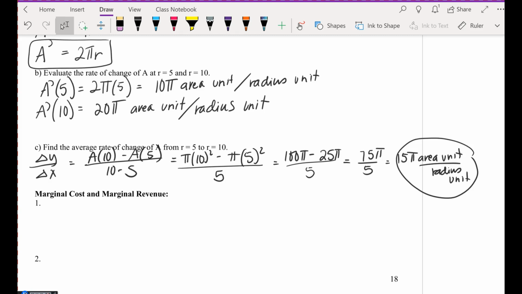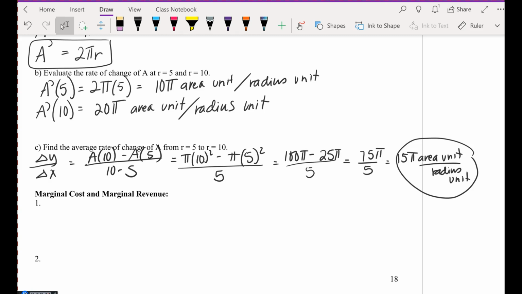What does it mean to have the rate of change at 5 or 10? What does the average rate of change mean from 5 to 10? So the radius is increasing, right?